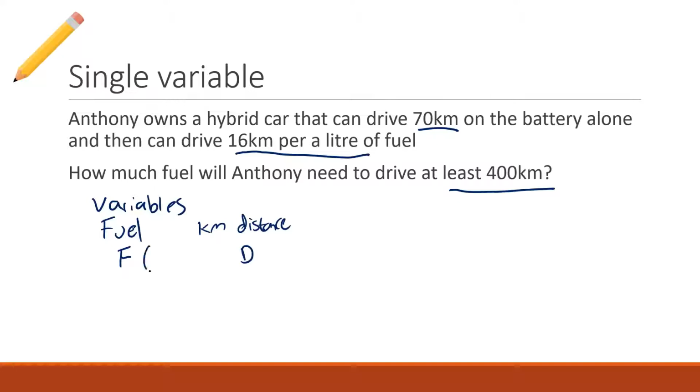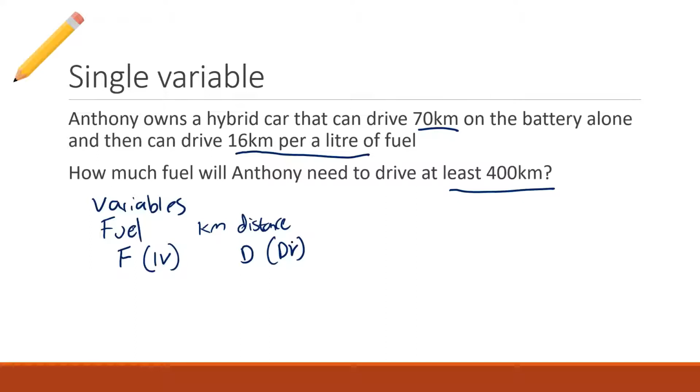So that would make this one the independent variable, and this one the dependent variable. You might remember that a little bit more from science than maths, but the dependent variable is going to be our y, and our independent variable is going to be our F, or our x.